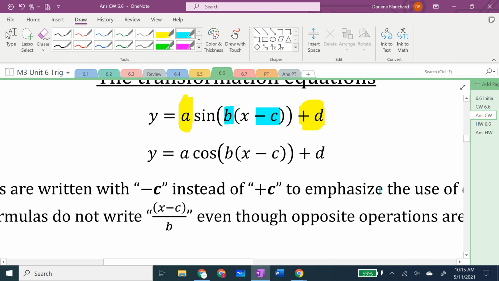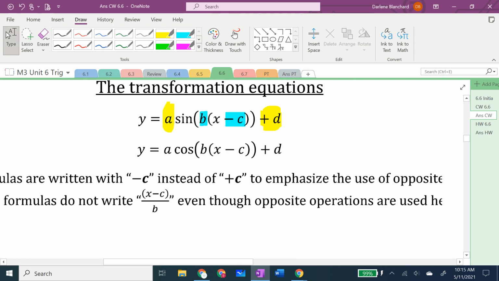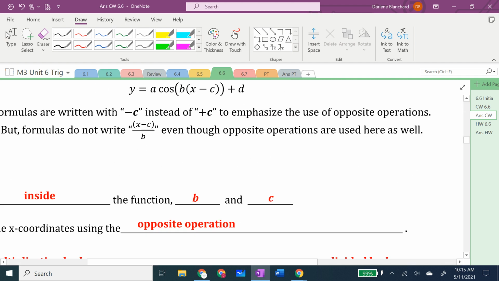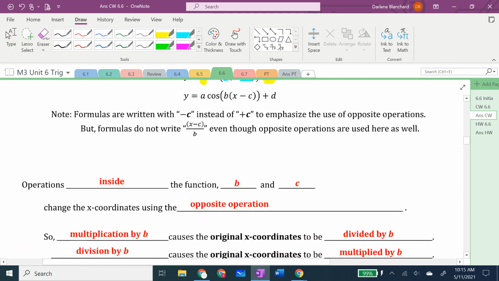And really listen to that, because if you can grab a hold of that basic thing, opposite operations with the x to the x's, same operation with the y's to the y's, that will make this a lot easier.